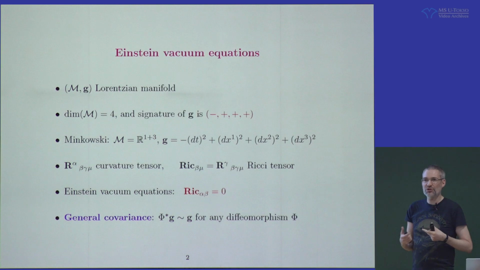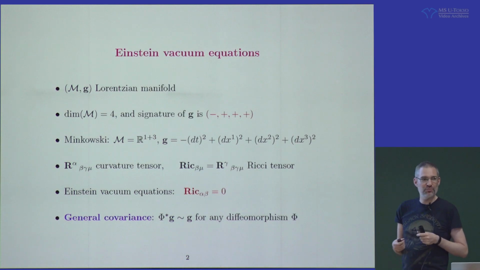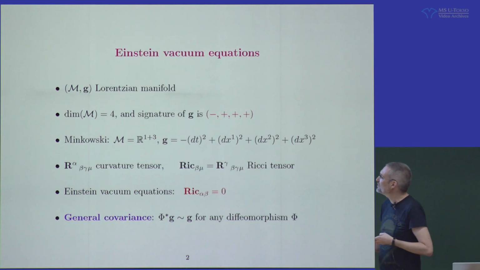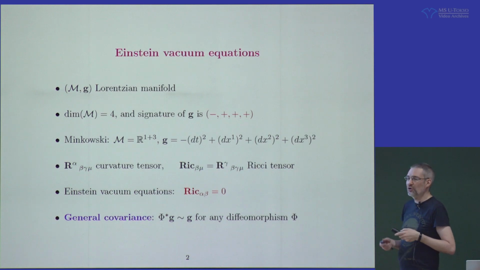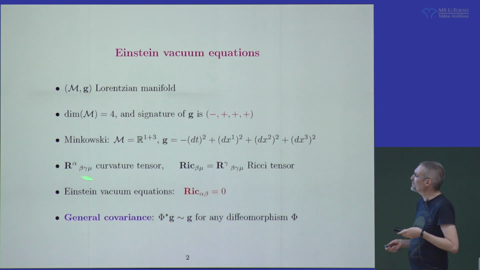Okay, so this equation is an equation on the curvature of my Lorentzian manifold. Minkowski is the flat case, and I need an object to measure the curvature, which will be the so-called Riemann curvature tensor. It's a 4-tensor, it has 4 indices, and this contains all the information that you want on your manifold. In some sense, given that Minkowski is the flat case, the curvature tensor somehow measures the distance to Minkowski spacetime.